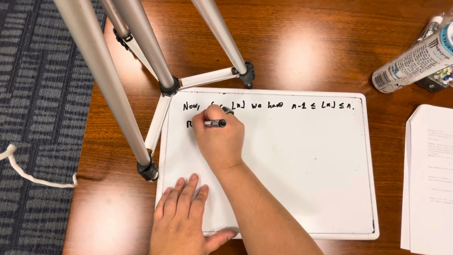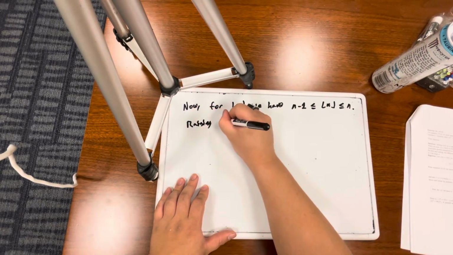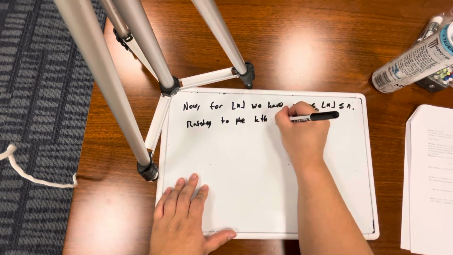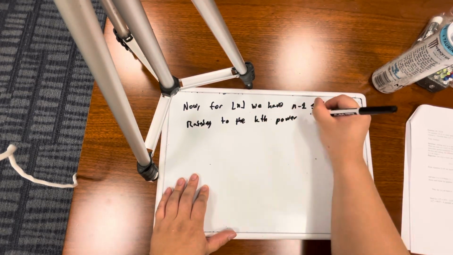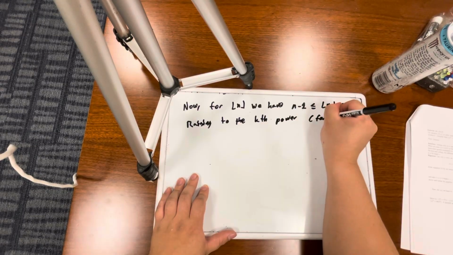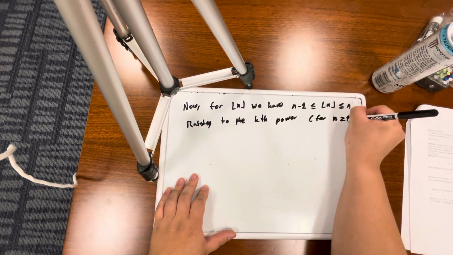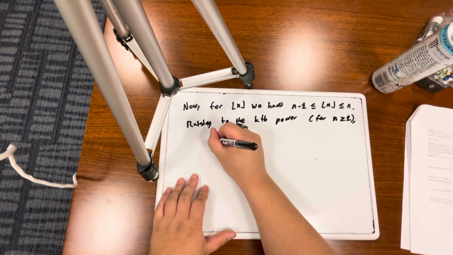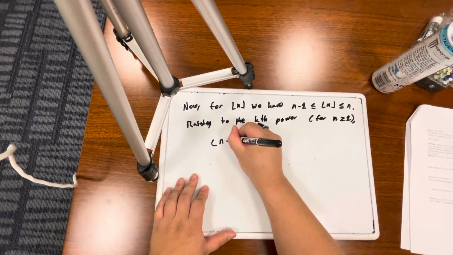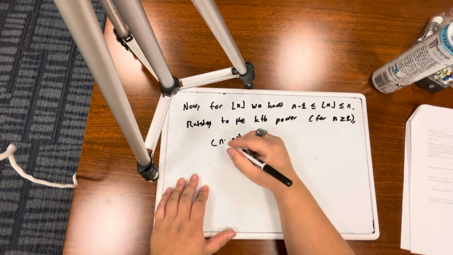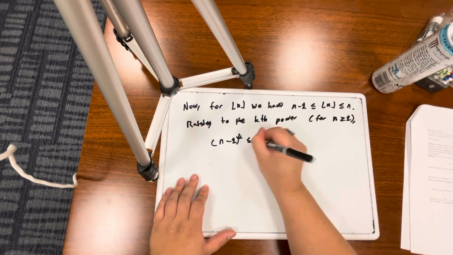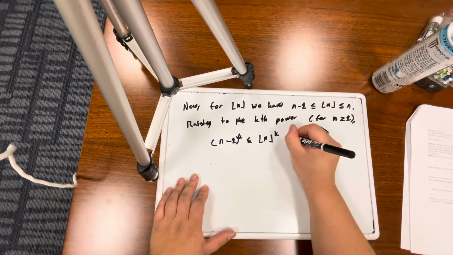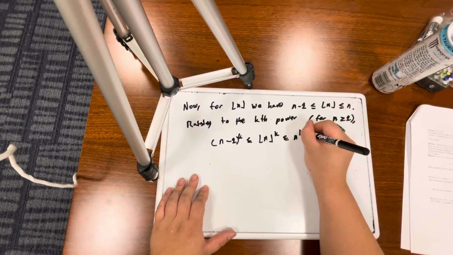Now, raising to the kth power for n greater than or equal to 1, we have (n - 1)^k is less than or equal to floor(n)^k, which is less than or equal to n^k.